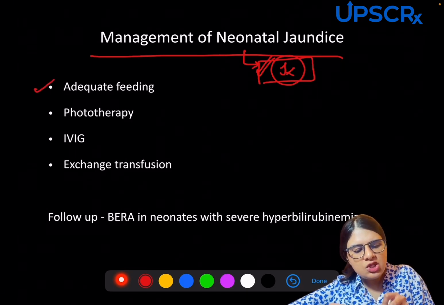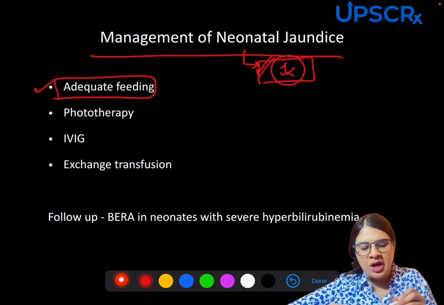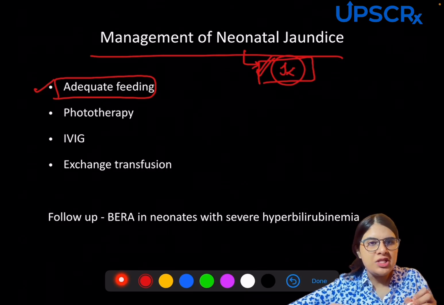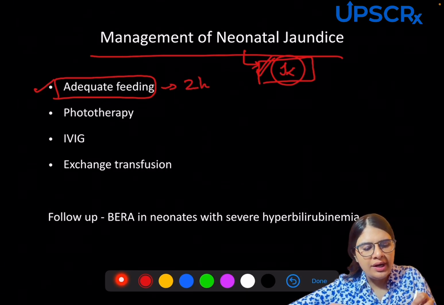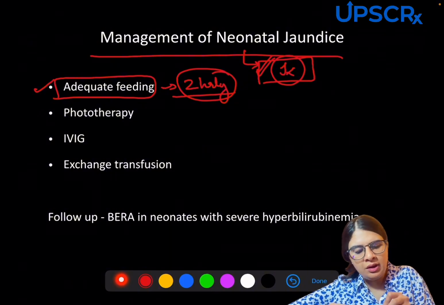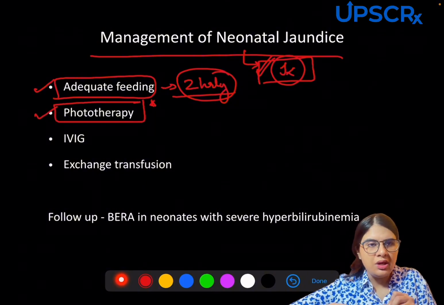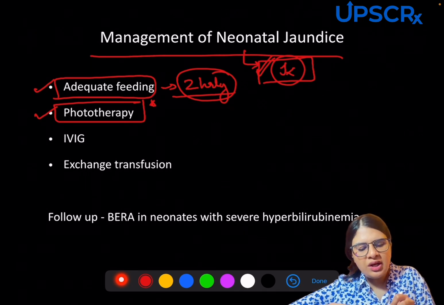Treatment will be, first you have to ensure adequate feeding. You have to ensure proper attachment, proper positioning, and increase the frequency of feeding to every 2 hourly. Second is phototherapy. Then you can give IVIG.